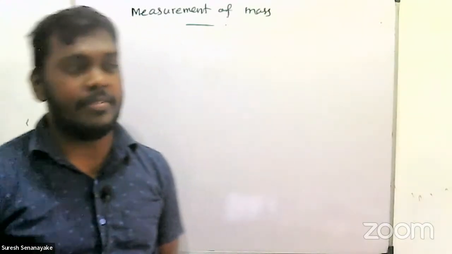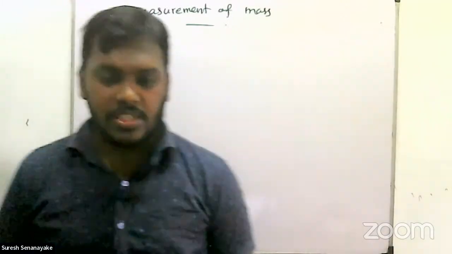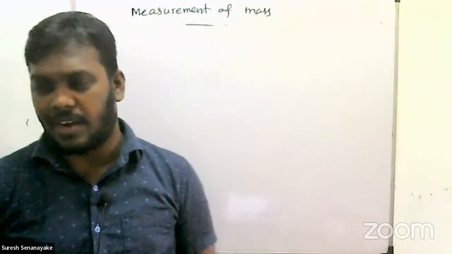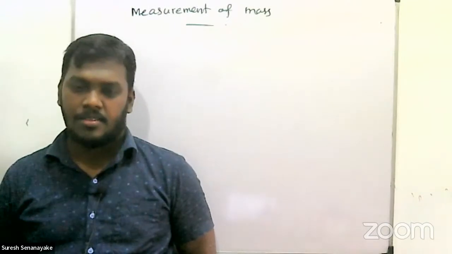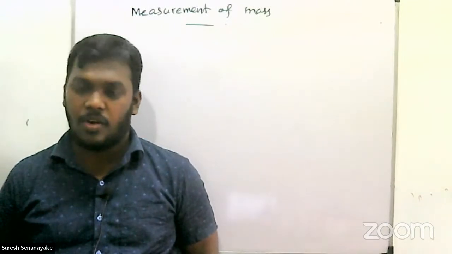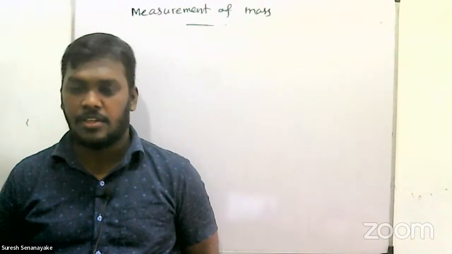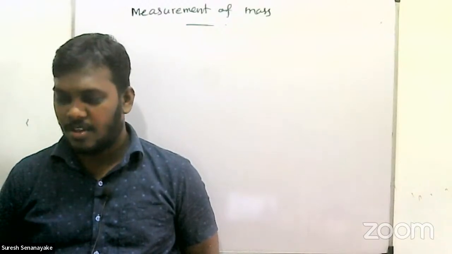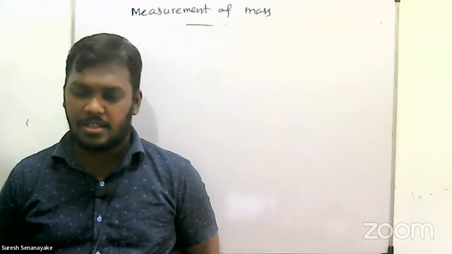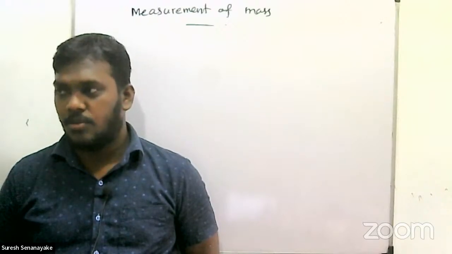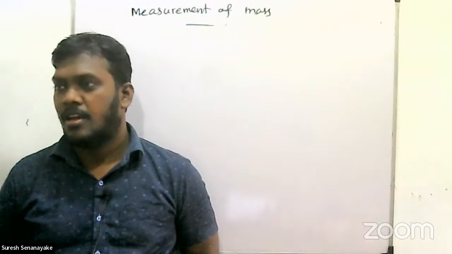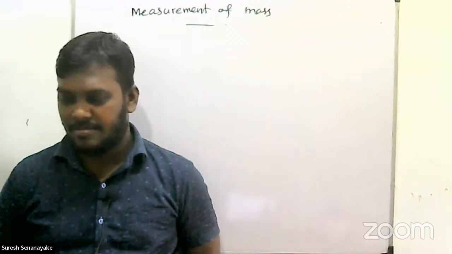Some balances do not work if there is no gravity. So all the balances that measure mass do not work in a zero gravity place; they can measure mass in a gravitational field only.